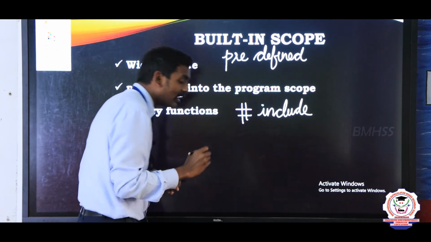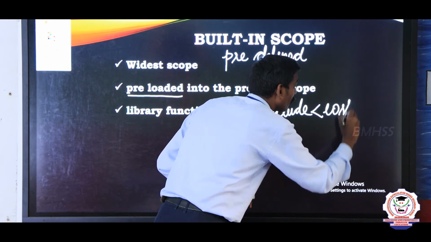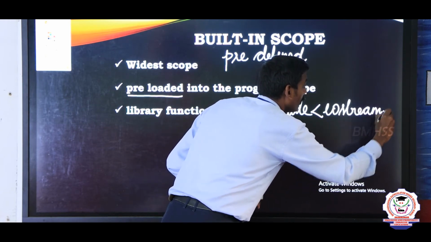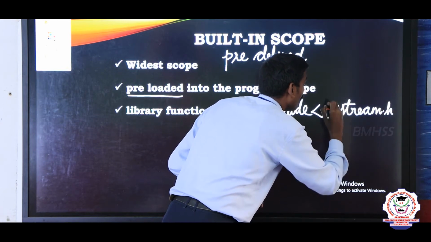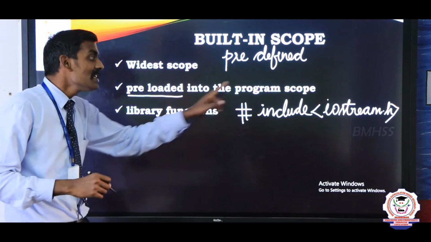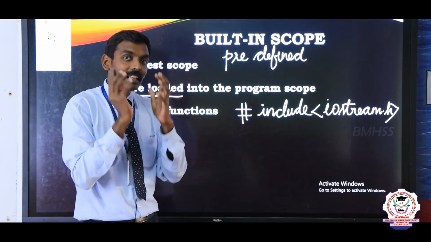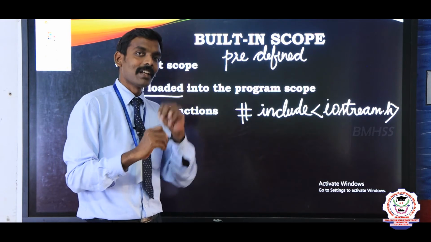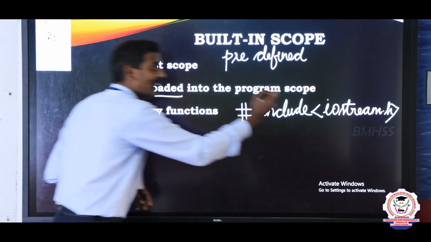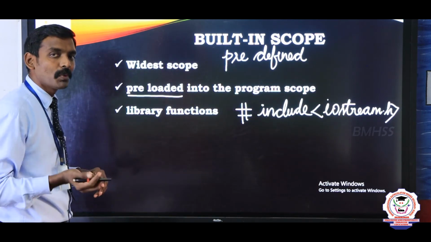Include is a keyword and next one is iostream.h. Here iostream.h is a header file. This header file consists of some instructions and those instructions can be implemented in some objects. Let us consider we have two objects. What is the meaning of iostream? iostream means input and output stream.